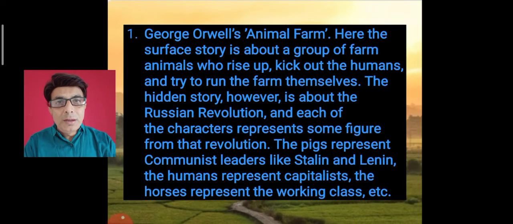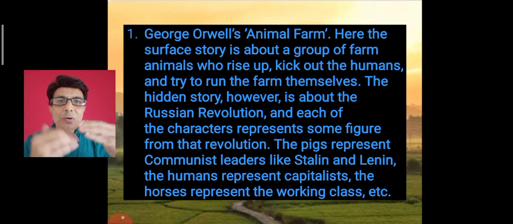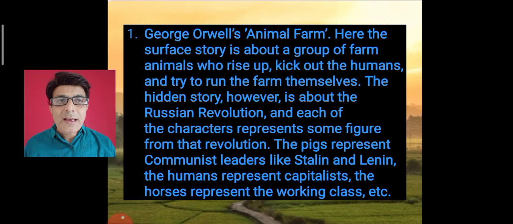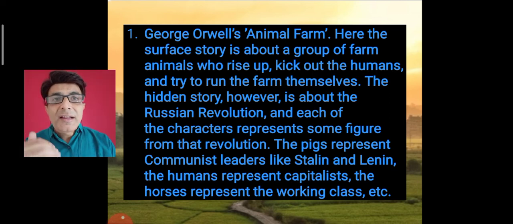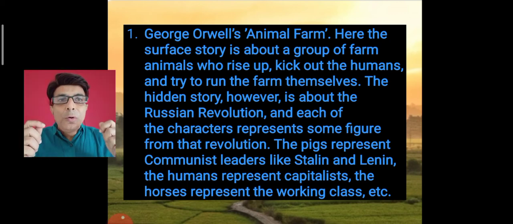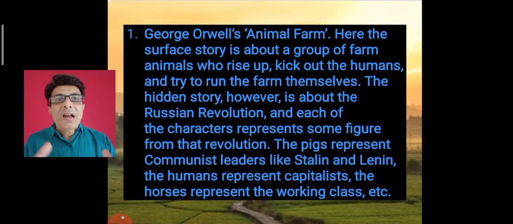George Orwell wrote a play entitled Animal Farm. In this play also, there are two stories, one surface story and the other one a hidden story. The surface story is about a group of farm animals who rise up, who revolt, they kick out the humans and they try to run the farm themselves.